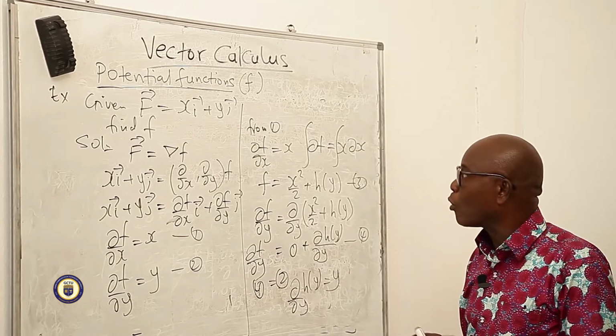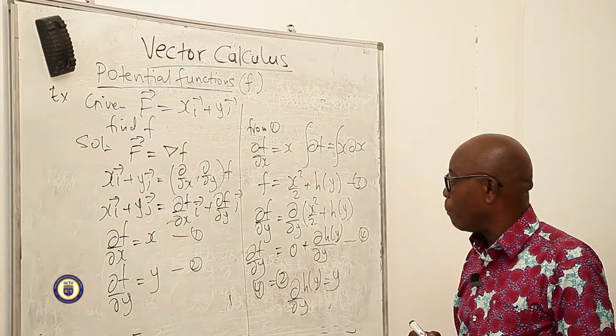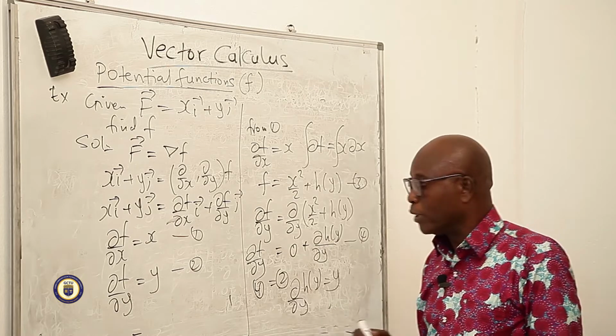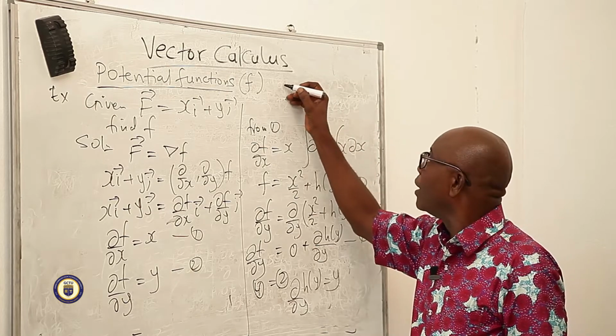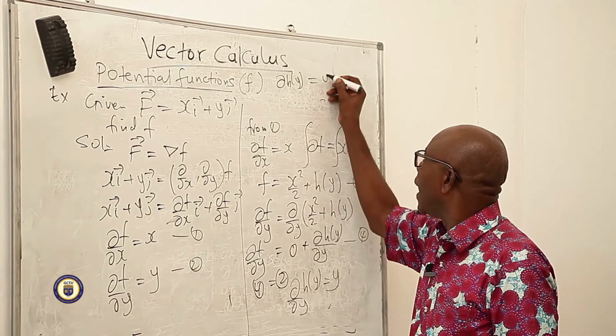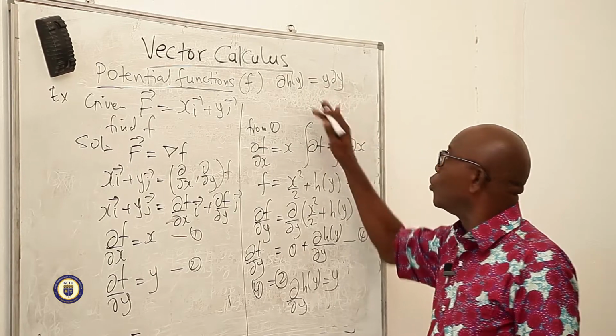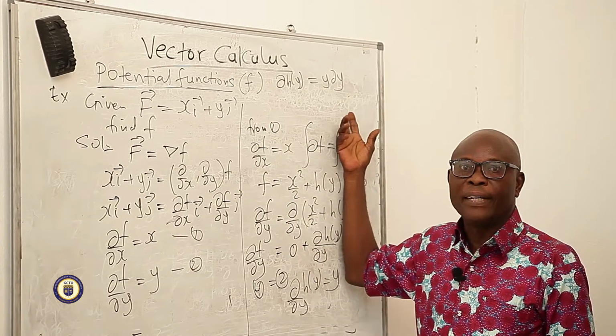And so if we cross multiply, we're going to have partial h of y equal to y partial y. And so if you integrate the left side, you should also integrate the right side.